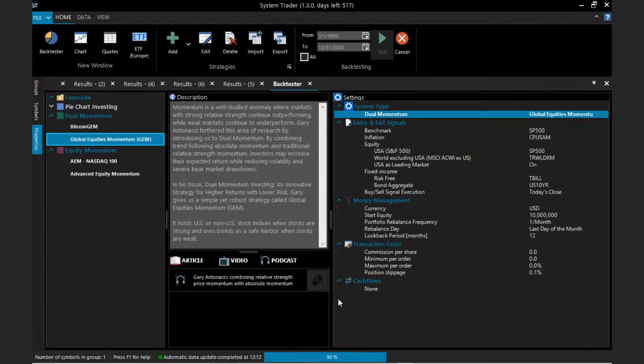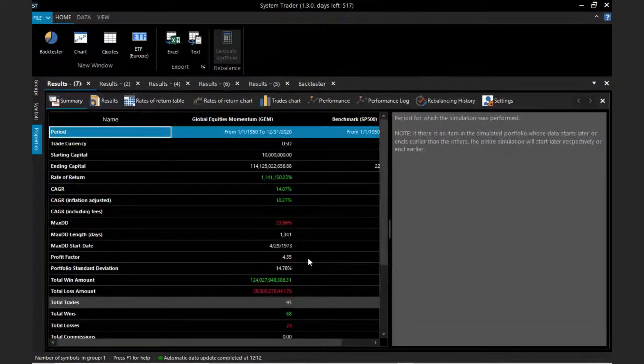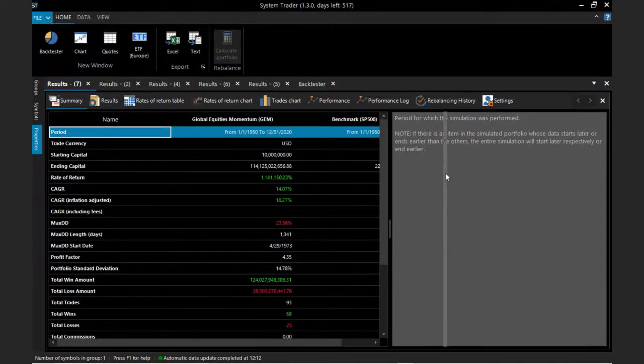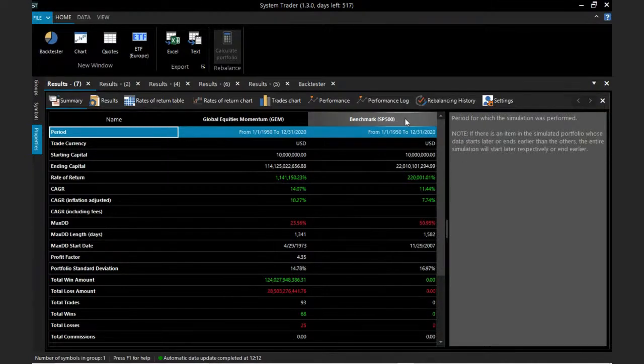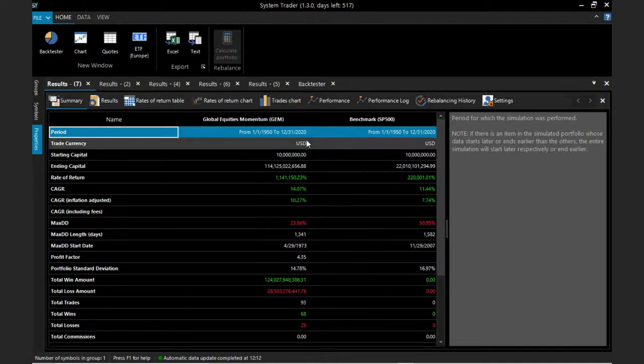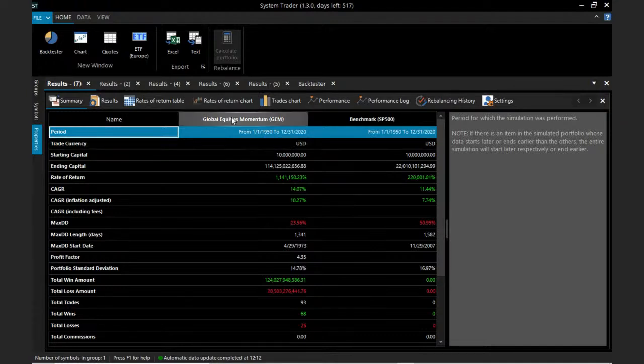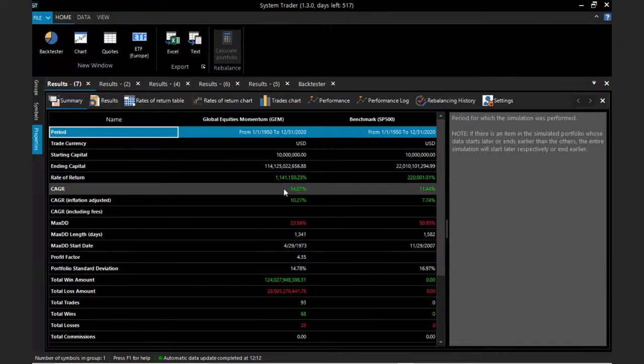And obviously, this is historical, this is past data. But as you can see here, as a benchmark, you have the S&P 500. From 1950 till the end of 2020, that strategy was making, on average, a compounded annual growth rate of over 14%, whereas the S&P 500 was making over 11.4%.